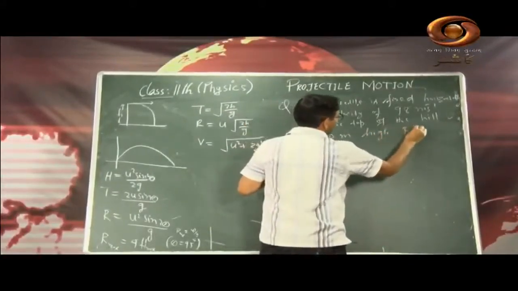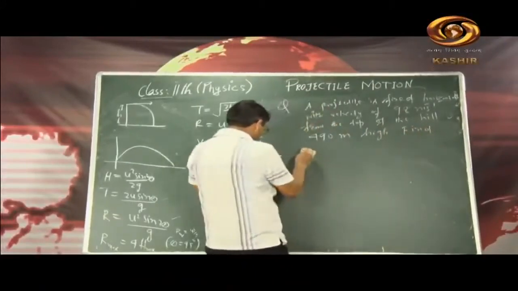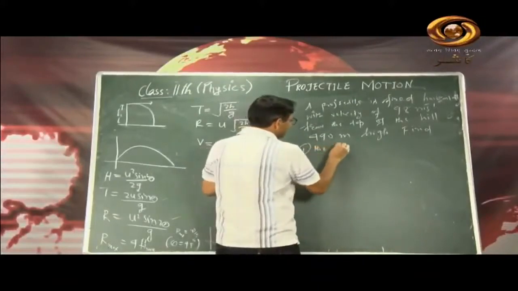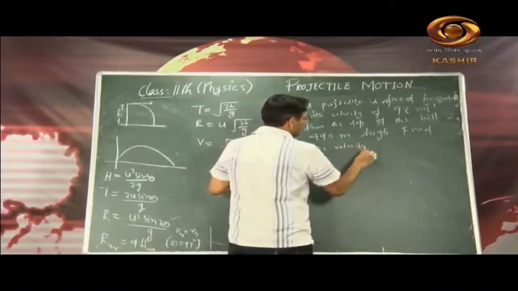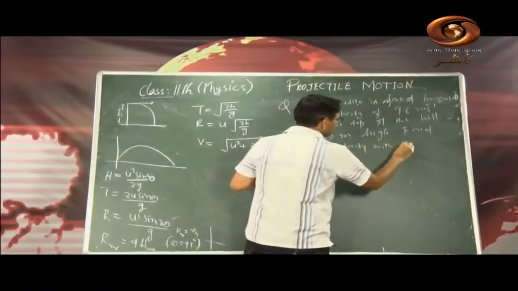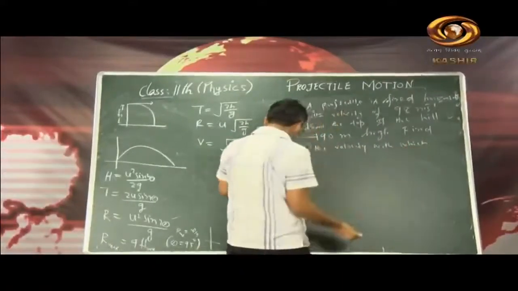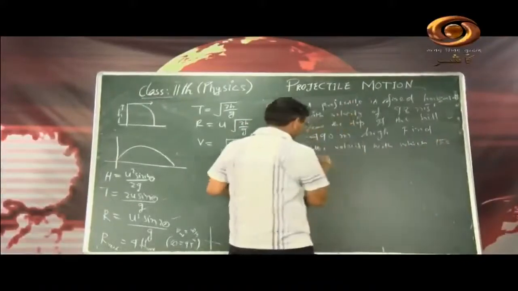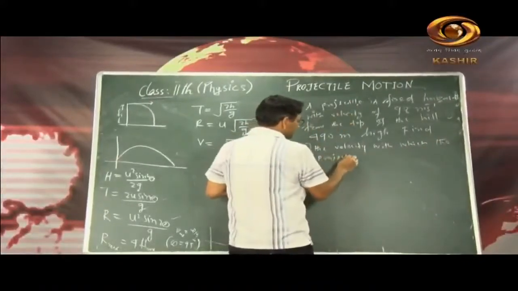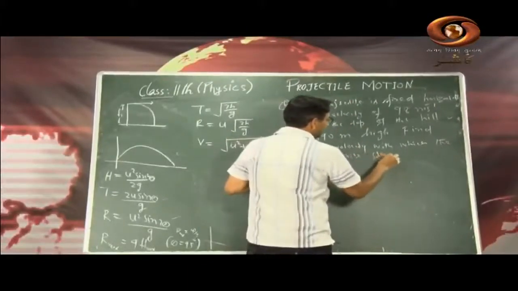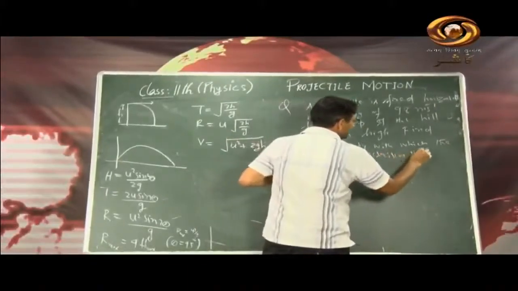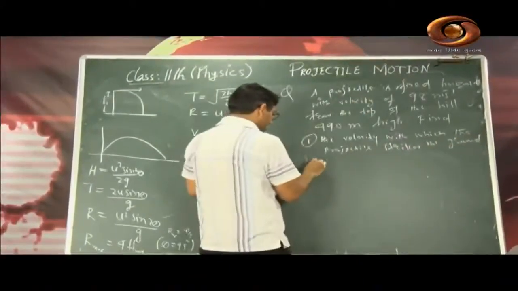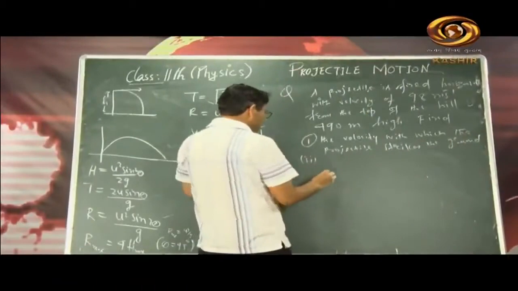Find, as we were told, part number 1, the velocity with which the projectile strikes the ground. Point number 2, the time taken to reach the ground.